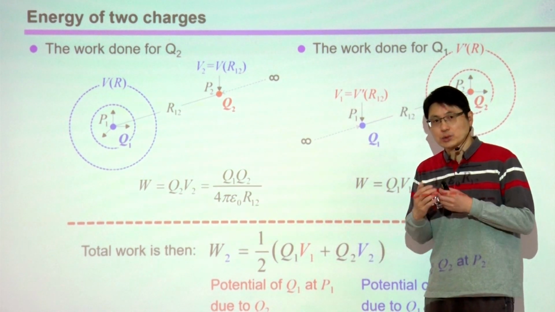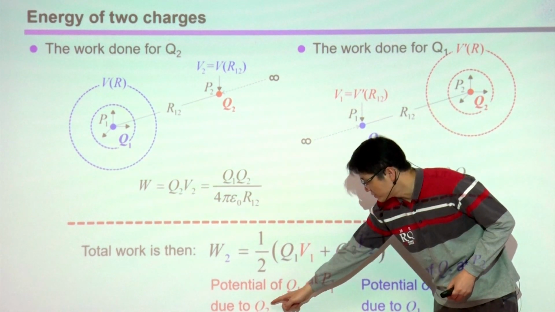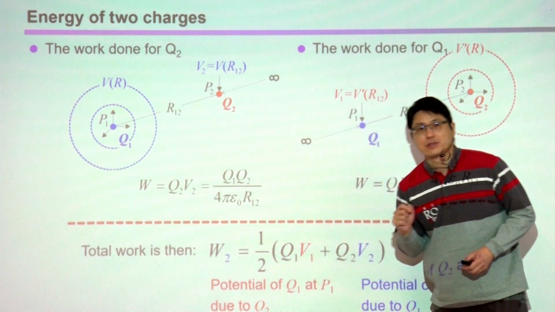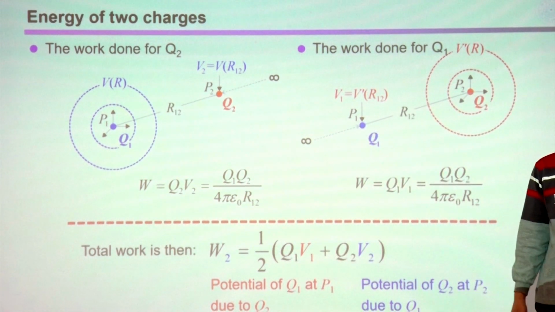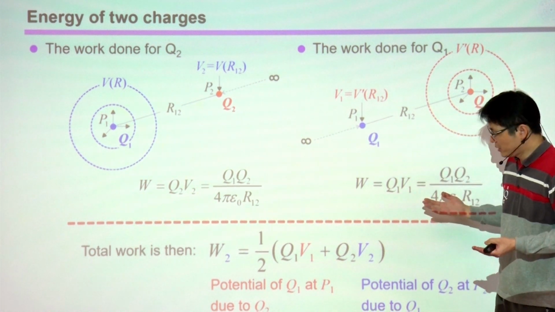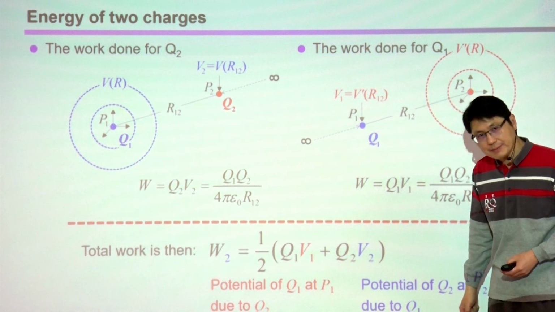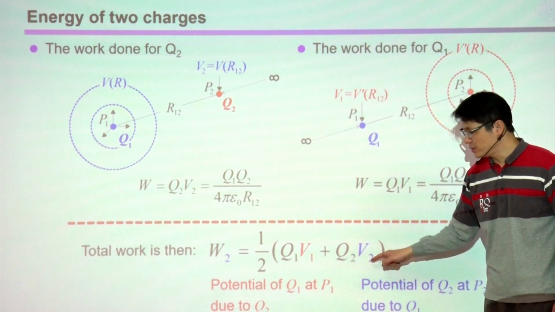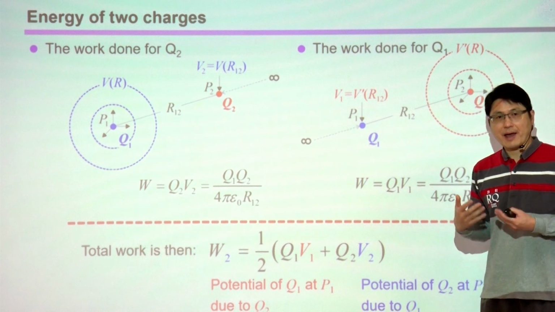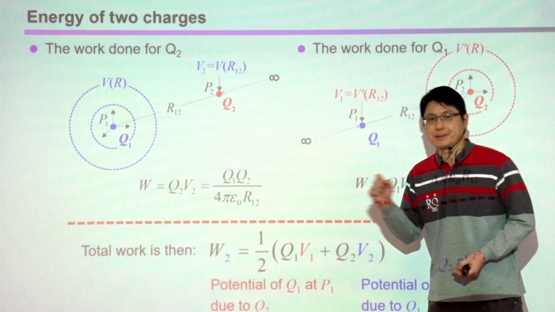V1 is actually trying to work against the fields due to the second charge. Okay? And I have two particles, so I also have another portion of energy. So Q2 is also having some kind of energy. So you sum them up.